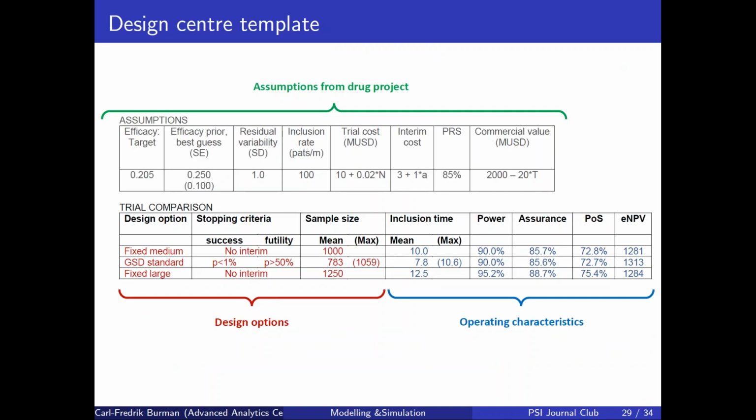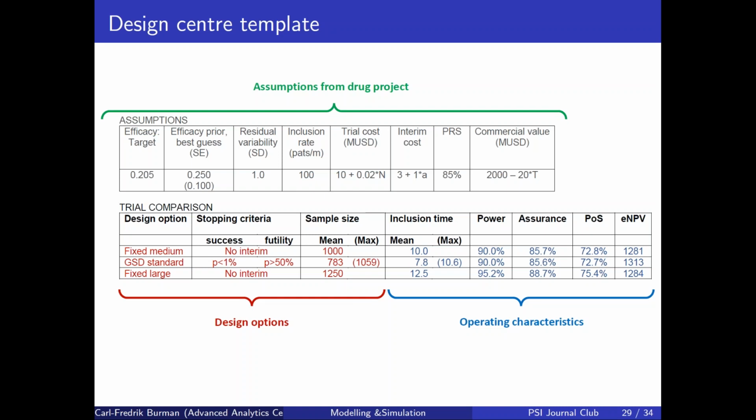This is one example that I was trying to get as a standard in our design consultancy center within AstraZeneca, which is taking much of my time. And this is a standard template for designing, simulating clinical trials. We are putting up the assumptions, and that's one part.